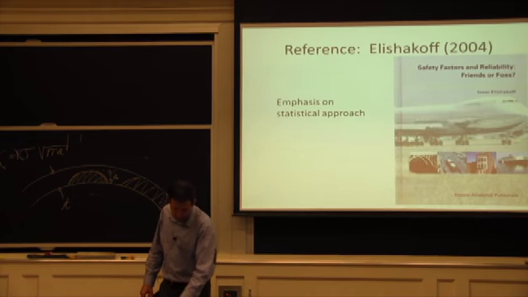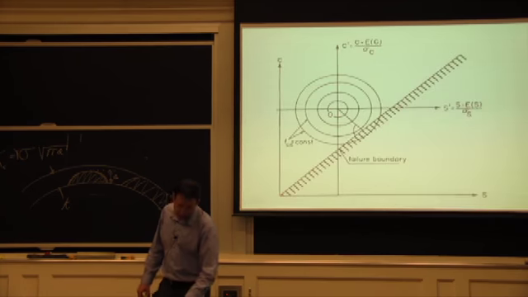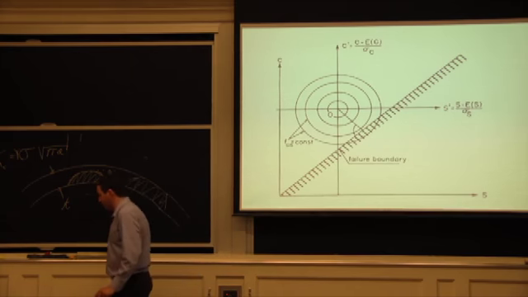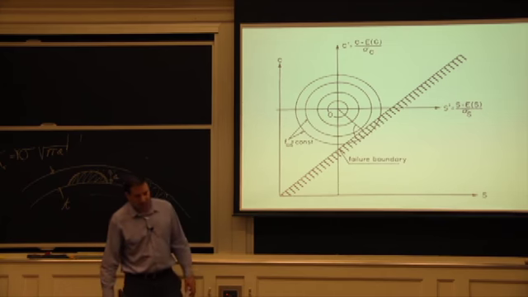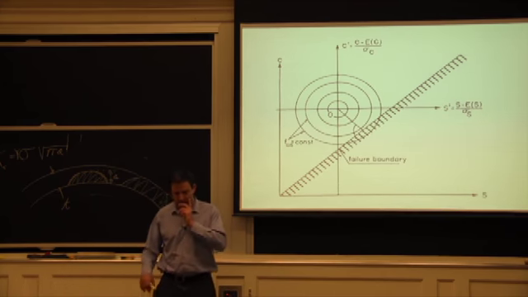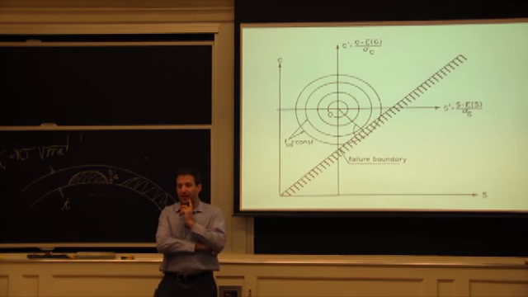This is the reference that I'm using for the statistical discussion. It's not a book that you're going to go and design something new with, but it's helpful to understand why people do the things the way they do. So we talked about demand and capacity in the last class, and here we have it in an X and Y plot.